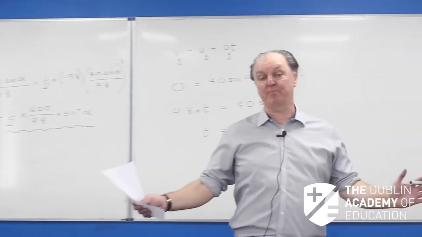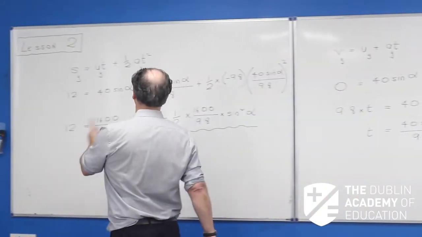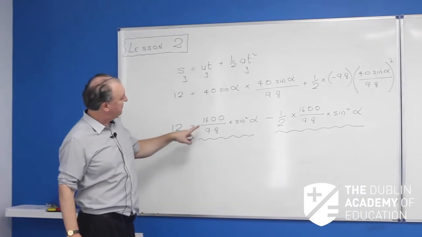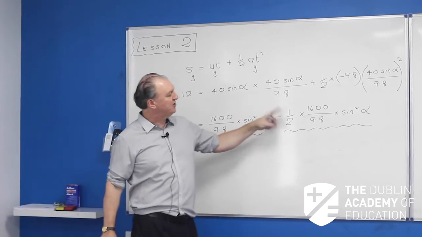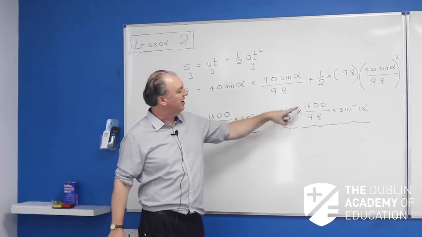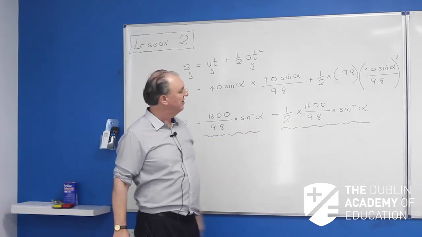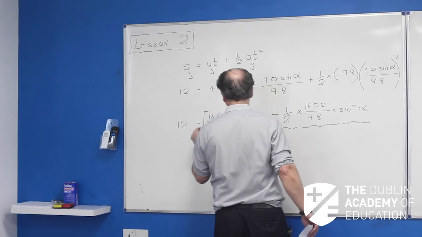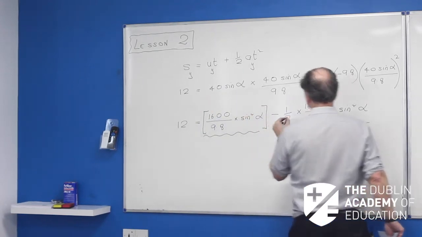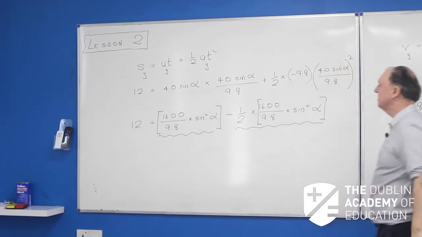Now, here's just one approach for solving it. This first term, the coefficient is 1600 over 9.8. The coefficient over here is a half of 1600 over 9.8. So essentially, this part of it here is the same as this part of it there.